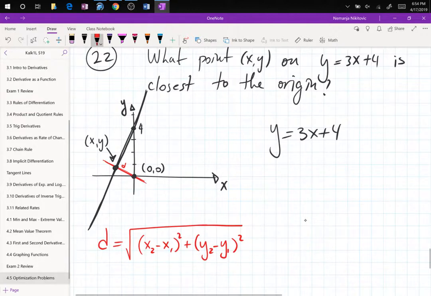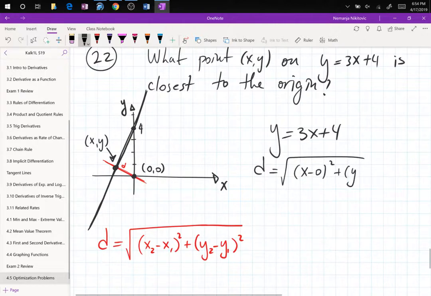So now we say that the distance between mysterious x, y and 0, 0 needs to be minimum. So there they are: the objective equation with the minimum, and the constraint equation, the other one.